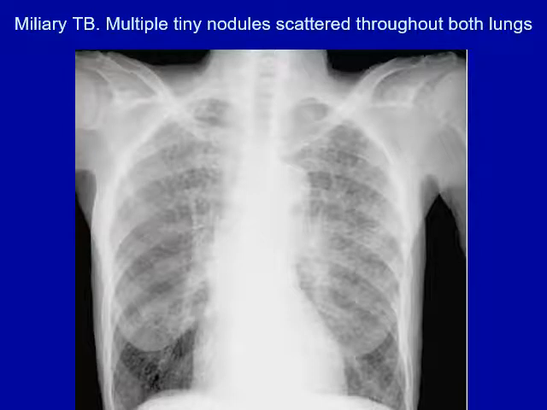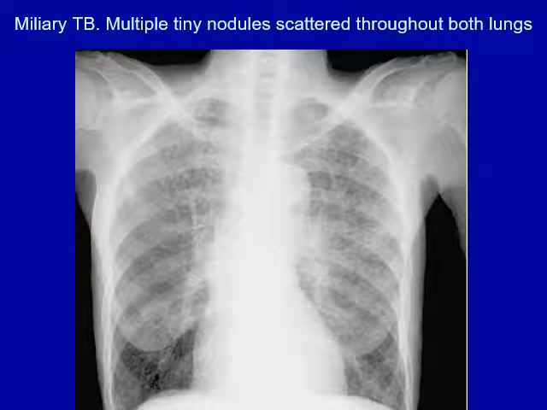You see, both lungs are involved. There are multiple tiny nodules in both lungs affected here, and this is an acute condition and an emergency, which if not treated urgently will result in death.